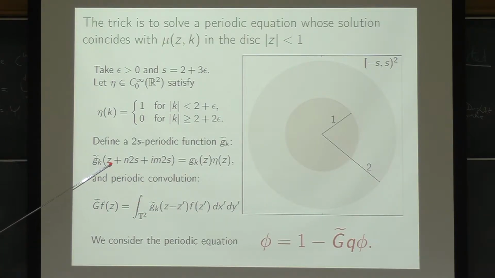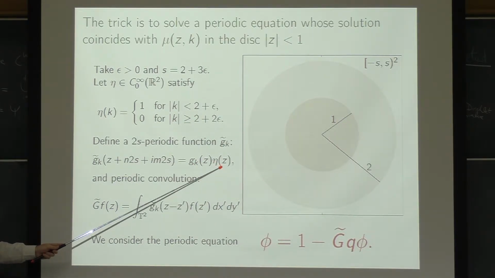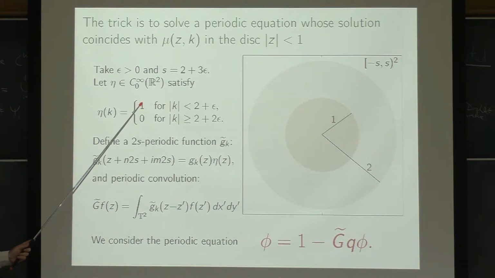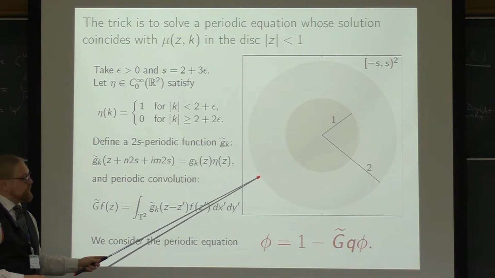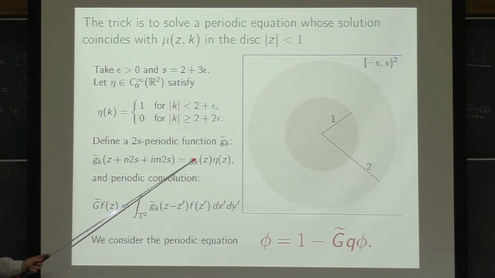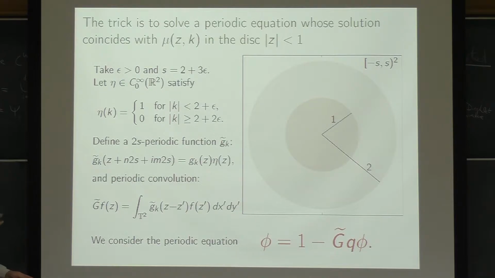So now we truncate our Green's function with such a truncation function that equals 1 inside the disk of radius 2 and a little bit more as well. And we copy this to every square in the periodic plane.